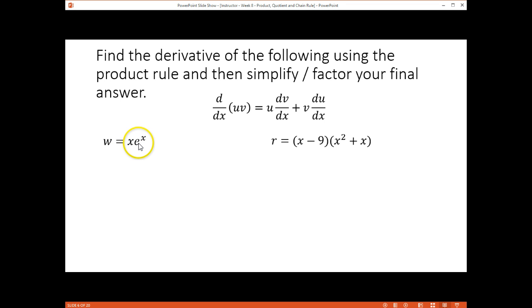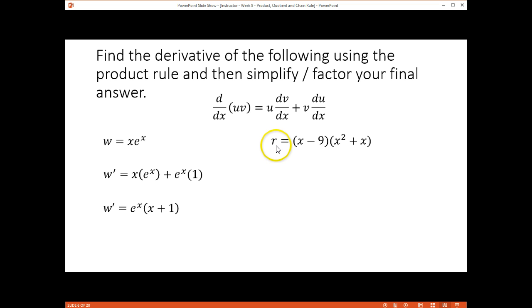My v is e to the x, so this is going to be u, which is my x, times dv dx, and again, the derivative of e to the x is just e to the x, plus e to the x times du dx, and the derivative of x is just 1. When we get our final answer, I went ahead and factored the e to the x out, and we get e to the x times x plus 1 as our final answer.